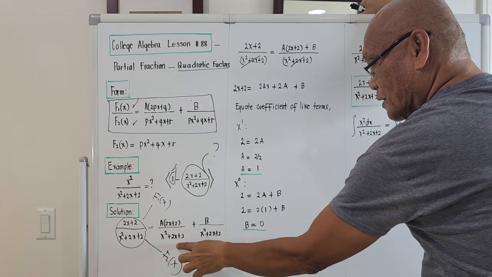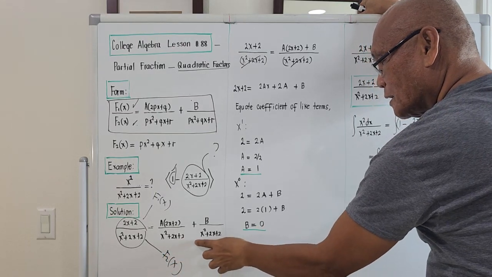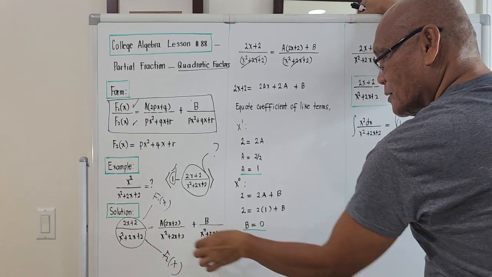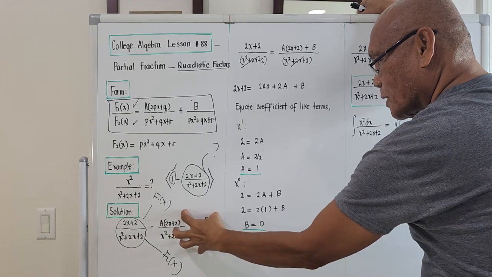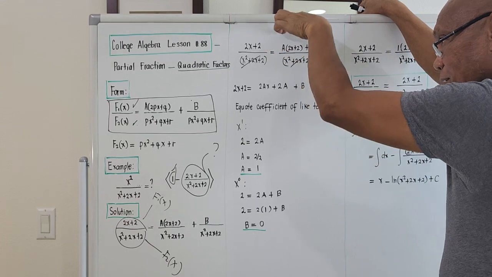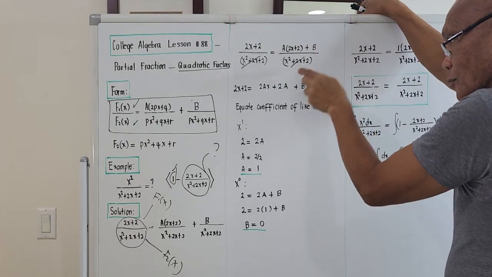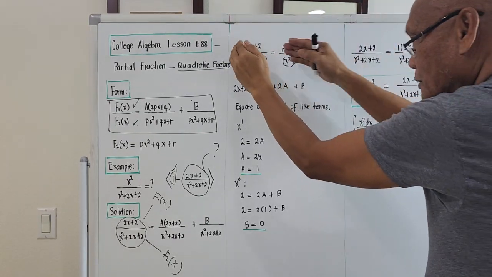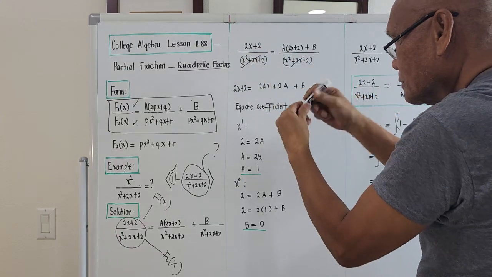This is the denominator of the first one. This is the denominator of the second one. They are the same, so if we add, we add the numerators over a common denominator. I will place this in the quantity so we can cancel.